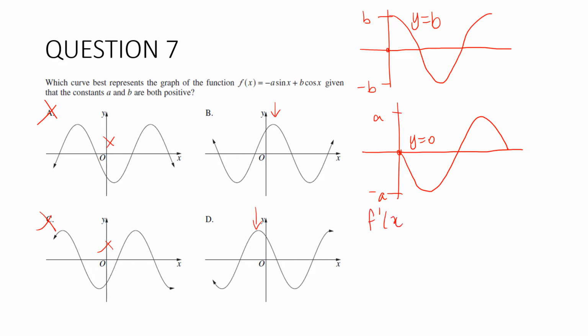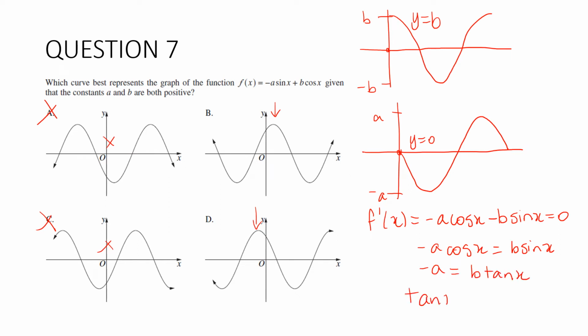f dash of x is equal to negative a cos x minus b sin x, and I want to put that equal to 0. So I will end up with negative a cos x is equal to b sin x. Dividing both sides by cos x, I get negative a is equal to b tan x, and tan x will equal negative a on b. a and b are both positive, so this is a negative number.